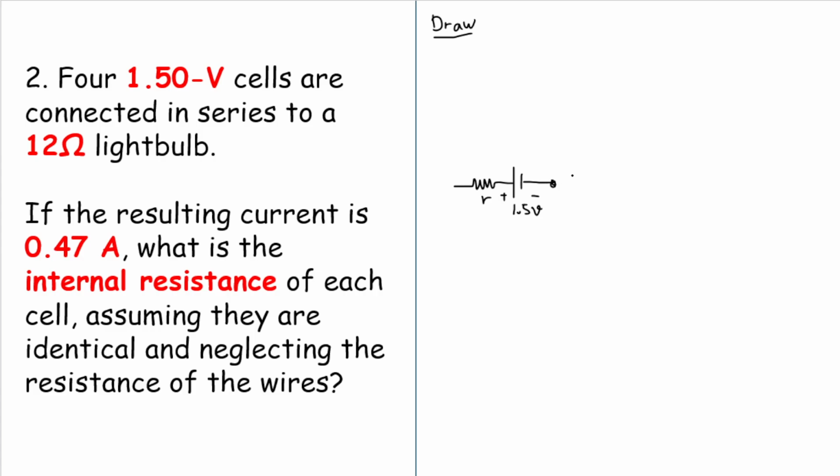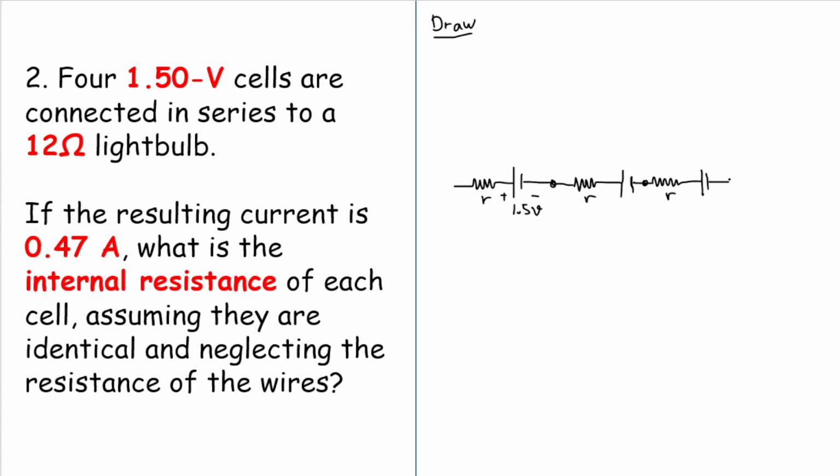So this one will be our first cell. And this one here will be our second. So we also have this small r and also this 1.5 battery. Okay, and then we have another resistance here, small r, and also a battery here, 1.5.